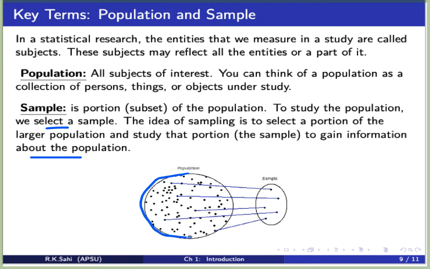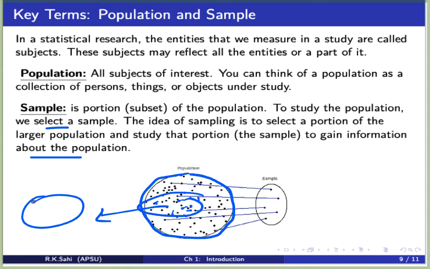Suppose this is the exam scores of all the 1530 students of APSU in one semester. So everybody here is an exam score, say exam 1, the first exam. And then if I'm unable to get everybody's score, what I'm going to do is randomly pick some students from here and put them in a little set and then say, hey, this is sample 1.